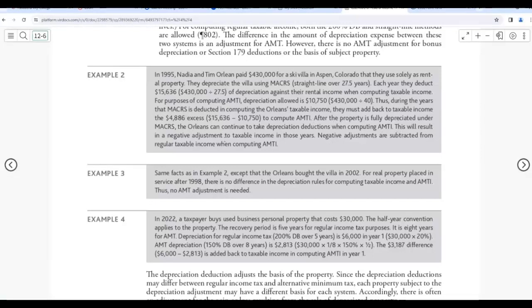This will result in negative adjustments in those years after 27.5 years. Negative adjustments are subtracted from regular income when computing AMTI. So this family for the first 27.5 years will be upset, but after that they will be happy and they say, God bless AMTI.